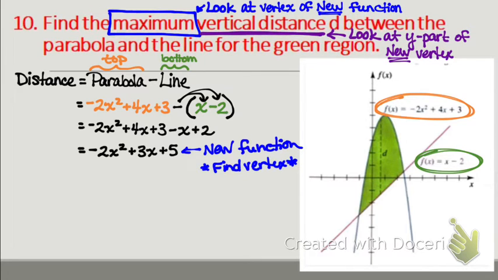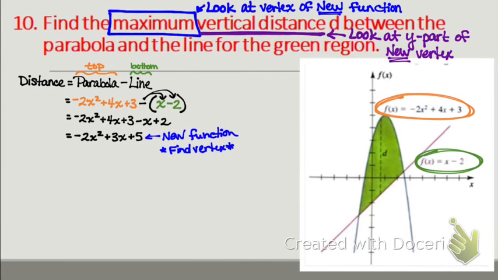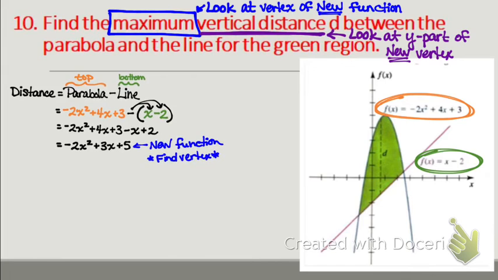How do I find the vertex for this? B over 2a. Yes, so we're going to do our axis of symmetry. X equals negative b over 2a. What are we using for a, b, and c here? What is a? Negative 2. What is b? 3. And c? It's 5.